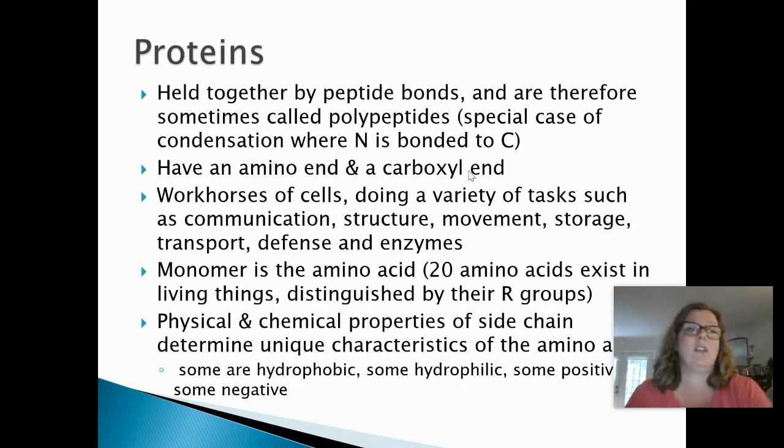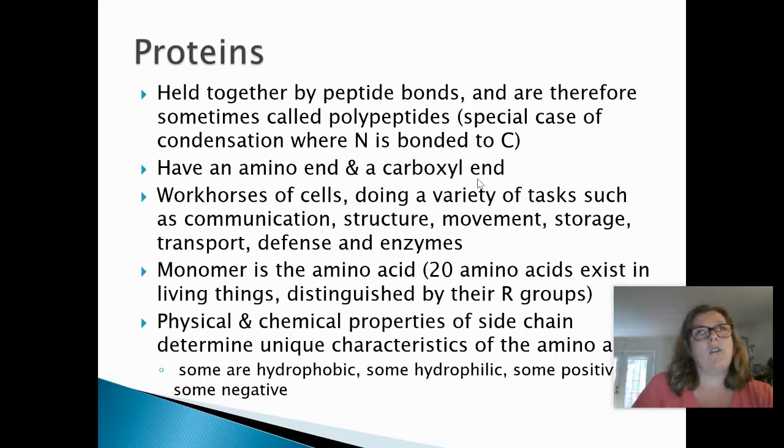Essentially, it's still a dehydration synthesis or condensation reaction that puts the amino acids together. By the way, the amino acids are the monomers that are put together to create proteins, which is why proteins have an amino end, which is where the amino group is, and a carboxyl end, which is the other side of the amino acid.